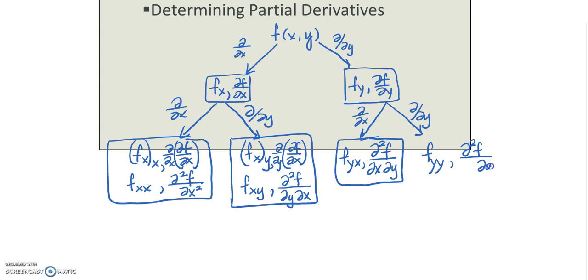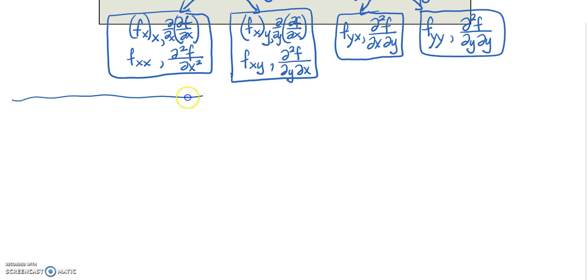The first time was with respect to y, that goes on the right-hand side. The second time was also with respect to y. So those are the ways we denote that we've taken a partial derivative and the order in which it was obtained. Let's go ahead and look at an example.